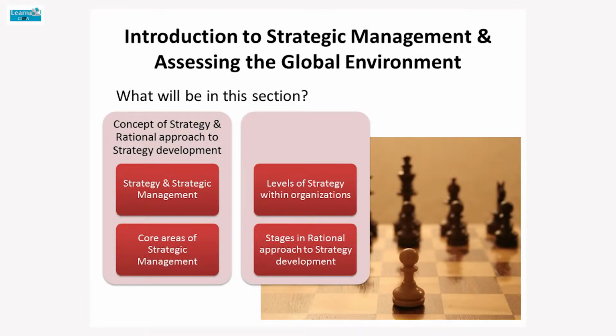Now let's take a quick look at each of the areas that we just described as part of the syllabus. What do we get to see in Introduction to Strategic Management and the Global Environment? Under this, we see topics like strategy and strategic management, levels of strategy within an organization, and also the fundamental rational strategic planning process that we use to develop strategies for an organization.